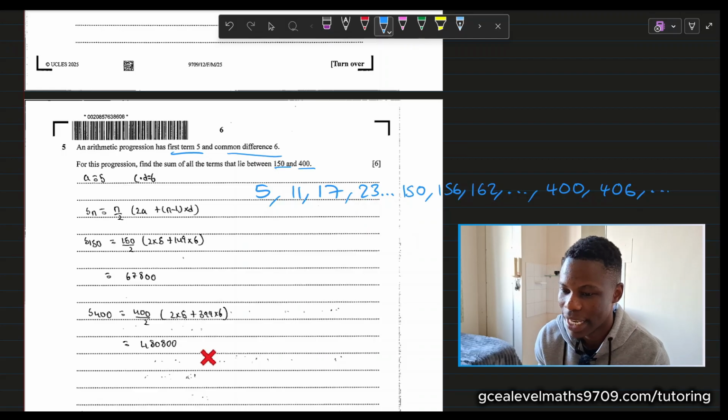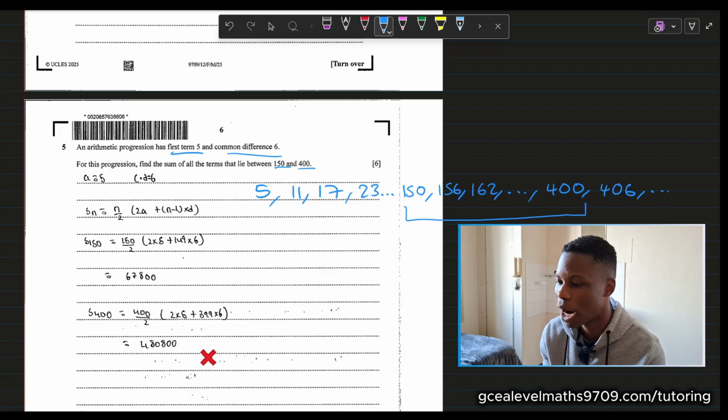So they are saying find the sum of all the terms that lie between 150 and 400. For us to be able to do this, we need to know the position of the term that is equal to 400, and we also need to know the position of the term that is equal to 150.